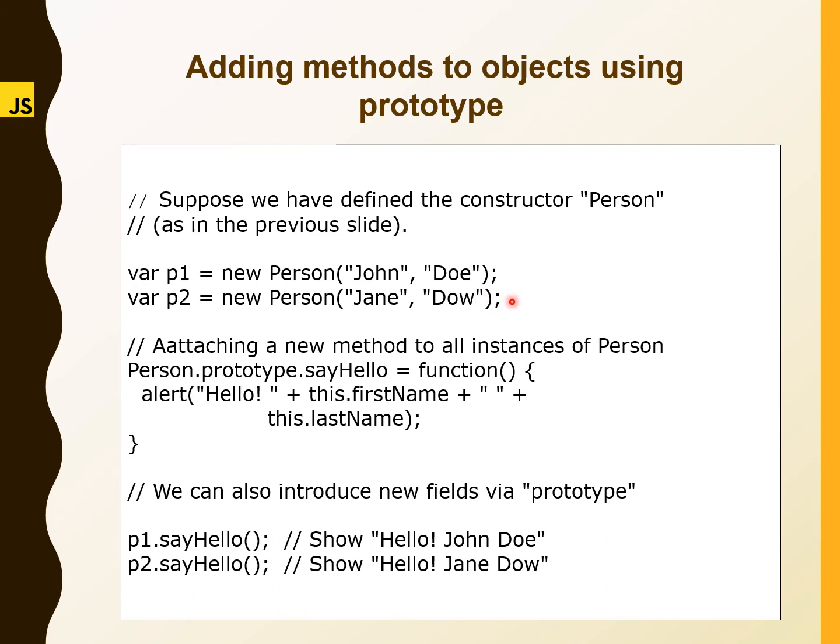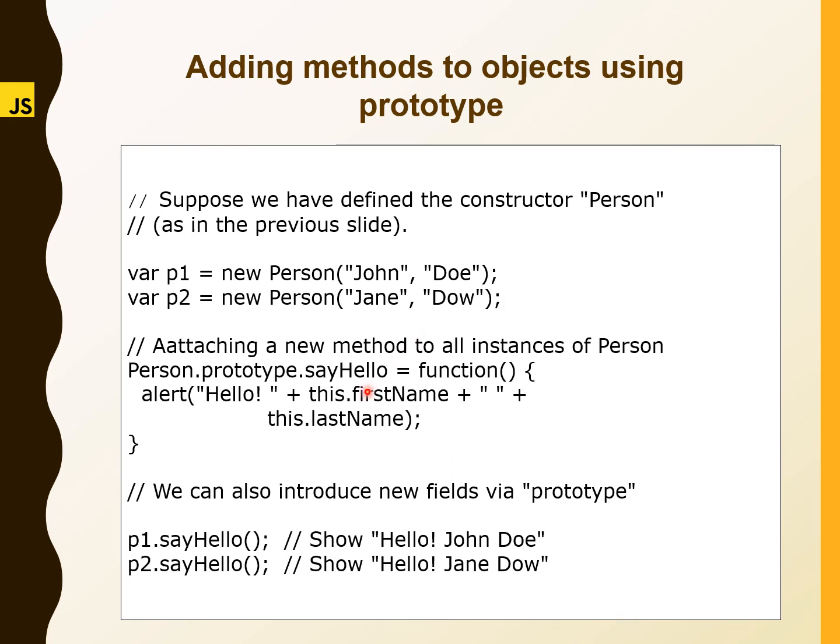Now we are going to add a new function to the already existing person object. For adding a new function to an already existing object, we have to use prototype.